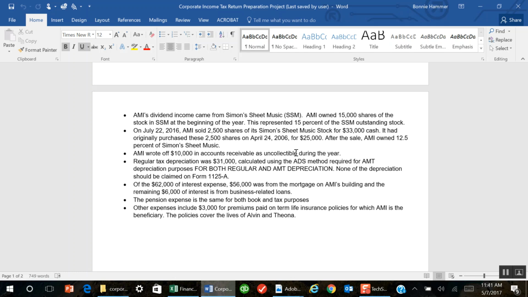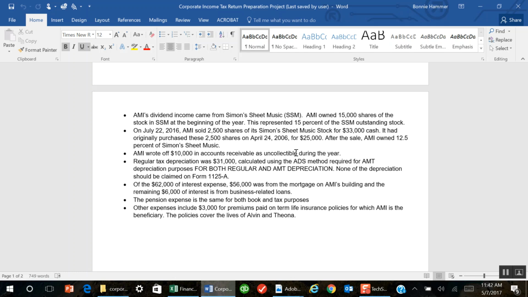So I gave you these facts for two reasons. One, I wanted to let you know that they sold some stock, which is a capital asset. They realized an $8,000 gain.